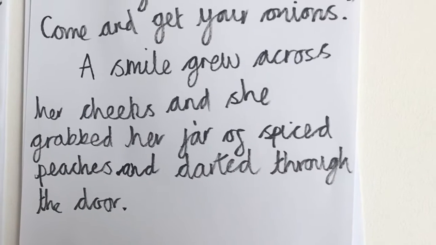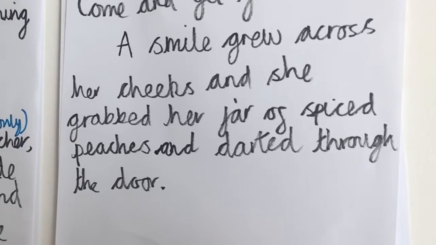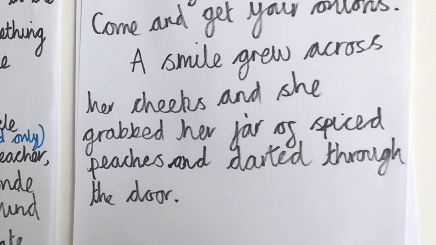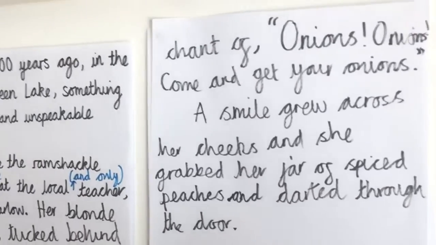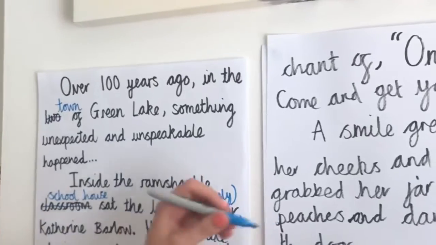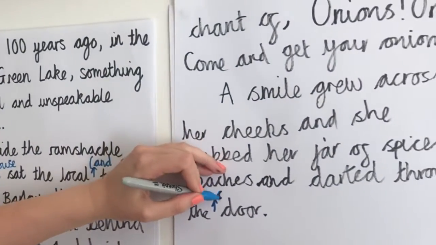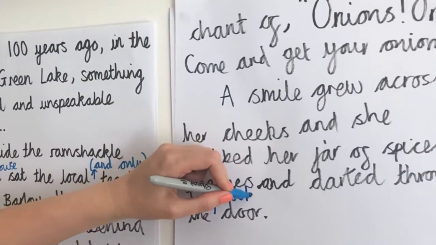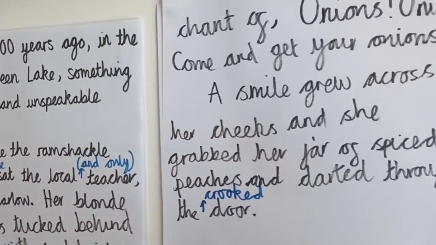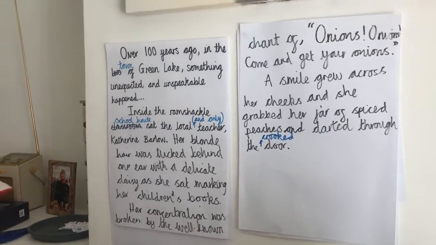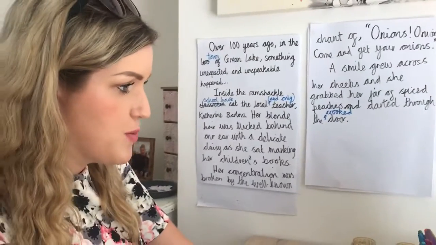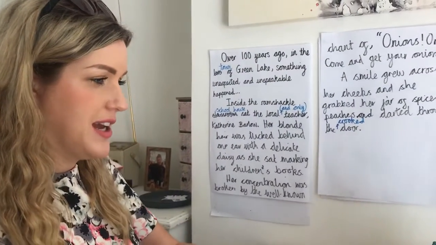A smile grew across her cheeks and she grabbed her jar of spiced peaches and darted through the... Now the door's broken, isn't it? It doesn't hang right. So why don't we say through the crooked door?